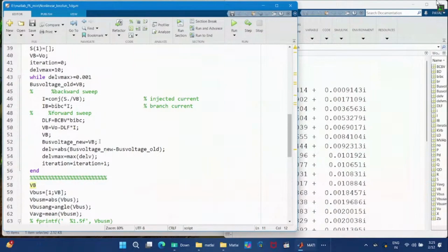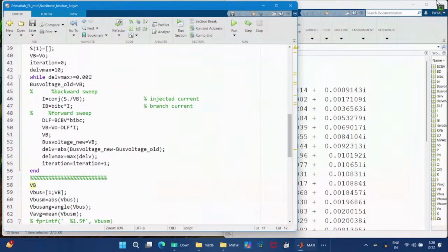This is the new updated voltage, and while updating it we use the BIBC and BCBV matrices as a direct load flow. We check what its tolerance value is, whether it is reaching beyond this limit or not.